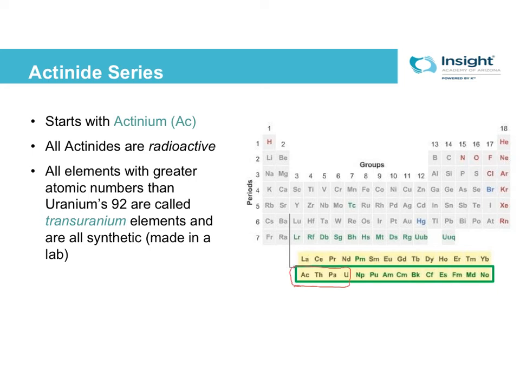Everything past uranium, also known as transuranium, is synthetic, made in a lab. In fact, if you go back into the periodic table, all of the elements with atomic numbers higher than 92, all of those transuranium elements, are synthetic, made in a lab, not something you find naturally occurring on Earth.